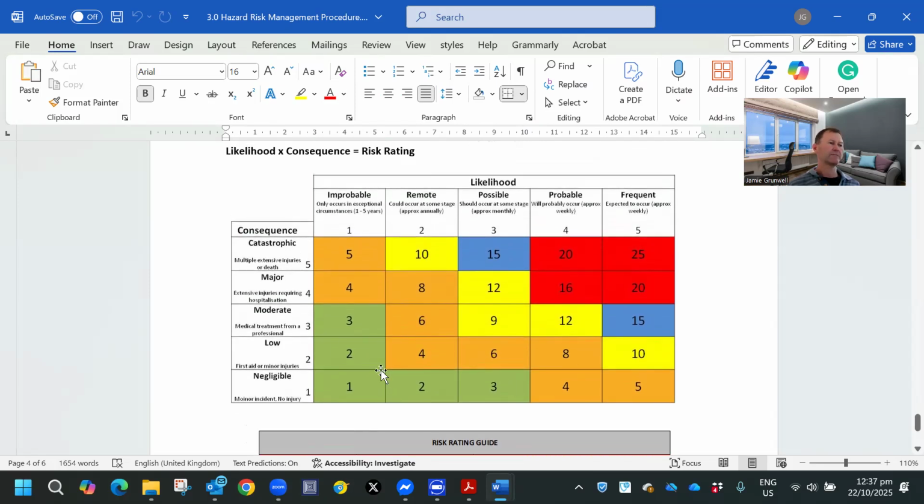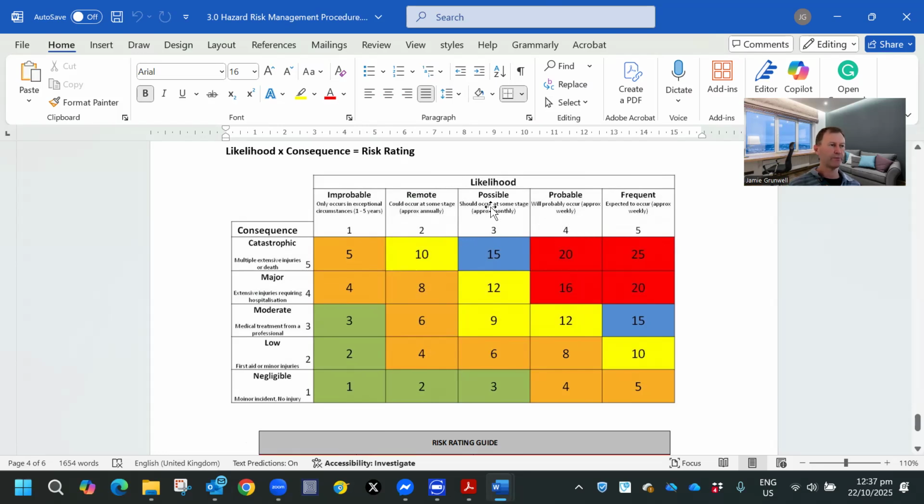Now, if somebody tripped on the footpath, then we'd ask, what's the likelihood? Maybe there's 20 people using that footpath daily. And what's the chance of them tripping over? That's probably possible.